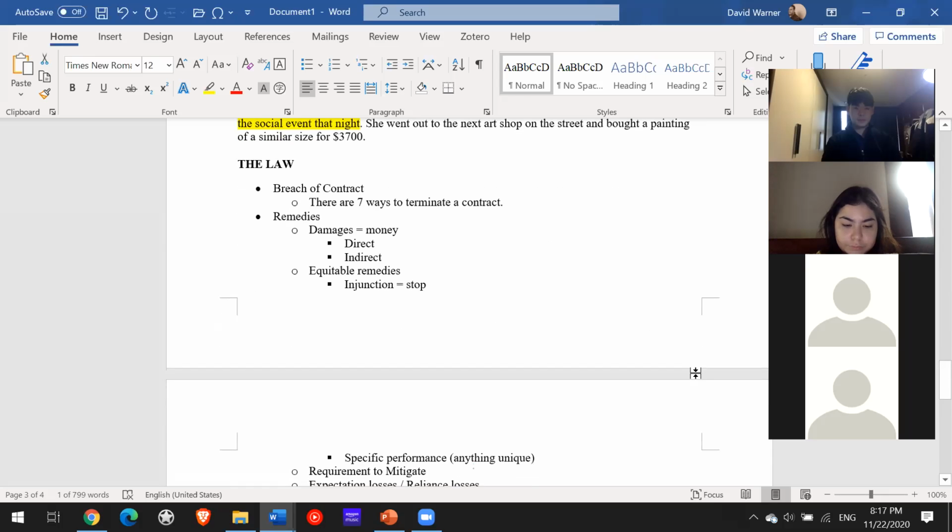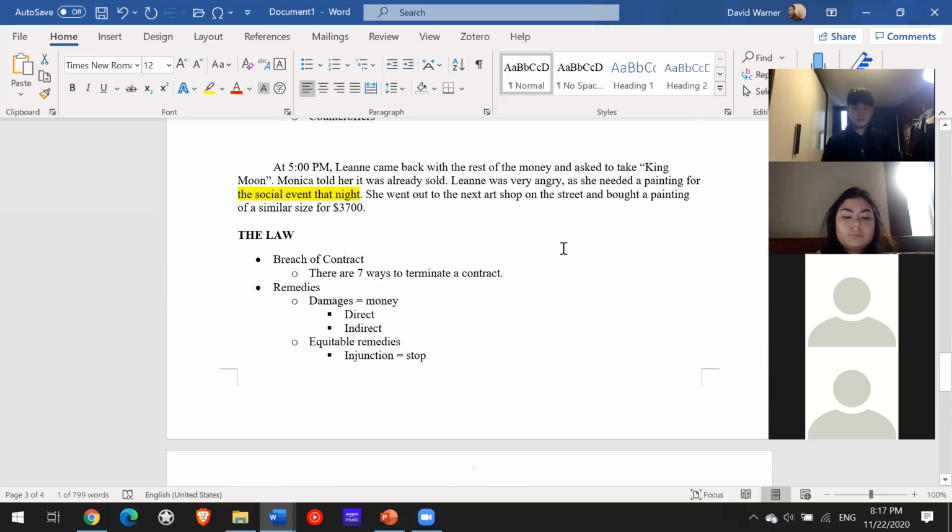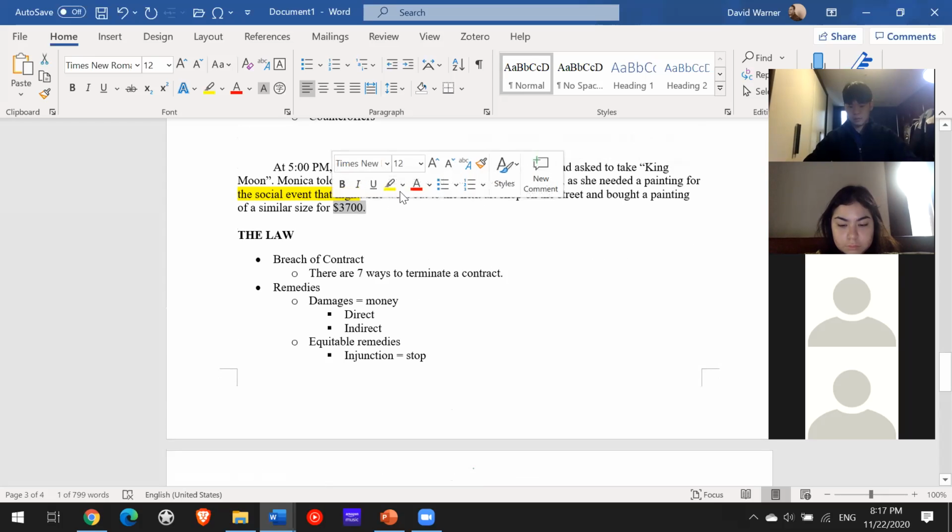So Monica can give her back the money, fine, but how much money did Leanne intend to pay for a painting? 700? She intended to pay 700. How much did she actually pay in this story? 500. Now here, how much did she actually pay for the painting?